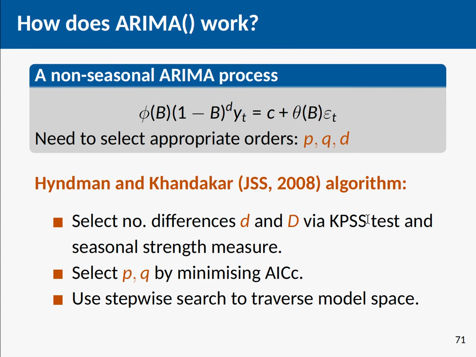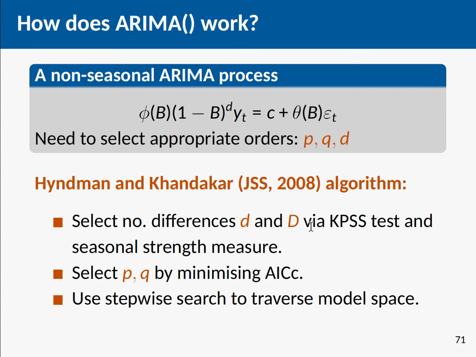What we want to do is use the KPSS test and look at whether there are unit roots in the data first, and whether we need to difference the data and how many times, and whether we need to even do seasonal differencing. So here d refers to the regular differencing that we do, when we take the differences between one observation and the next.